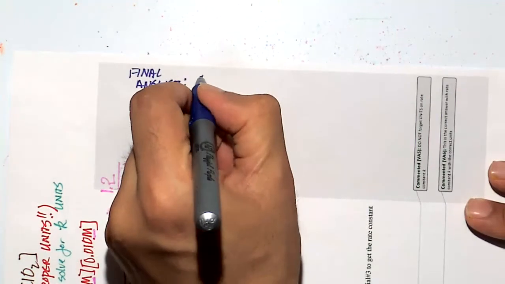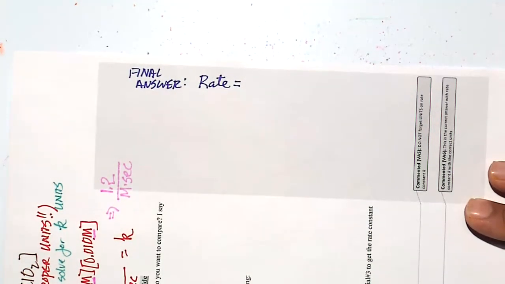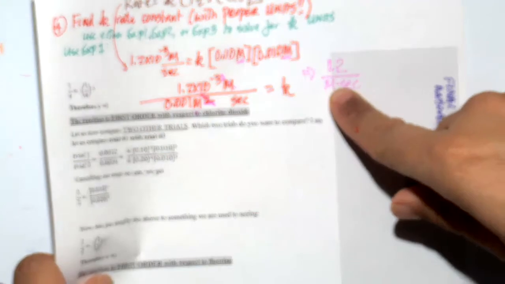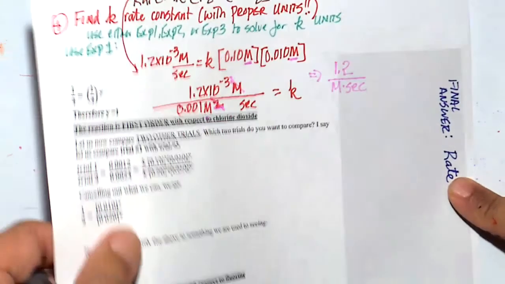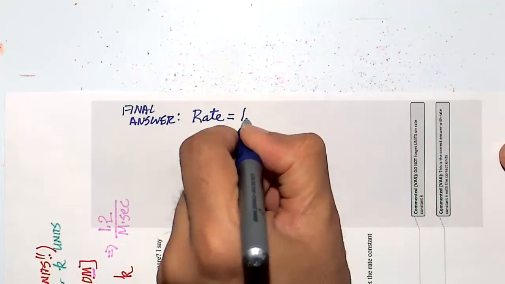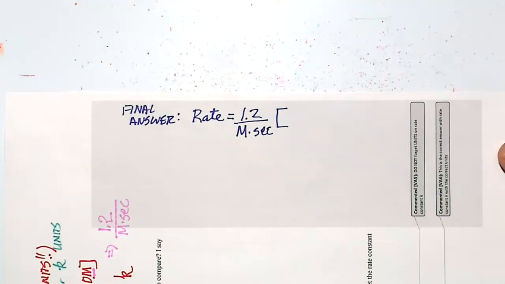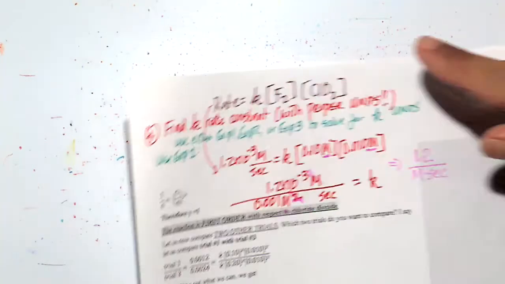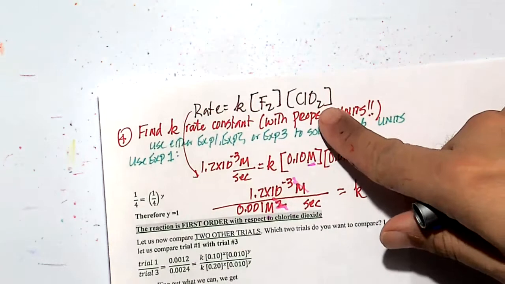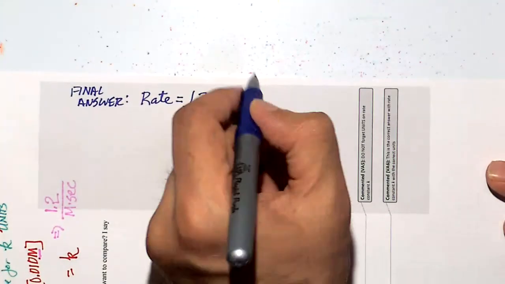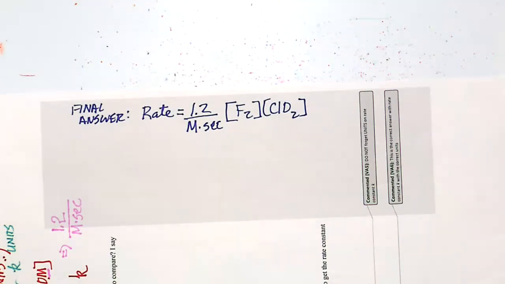The rate law is rate equals k. We just solved for k with the right units. 1.2 divided by big M seconds times F2 raised to the power of 1 times ClO2 raised to the power of 1. And this is your final answer.